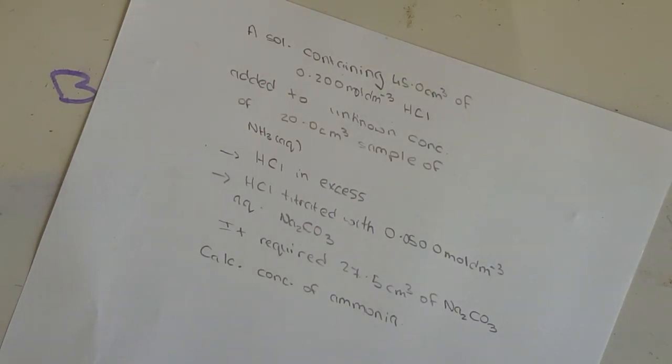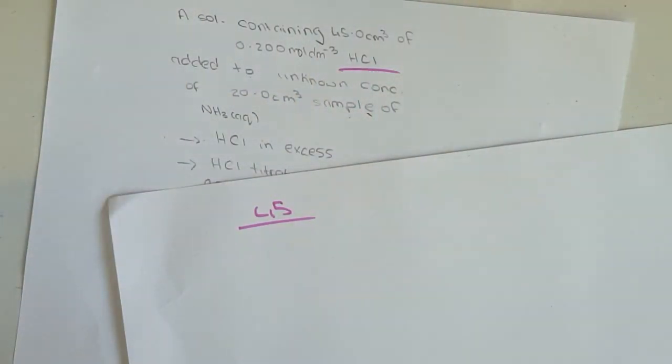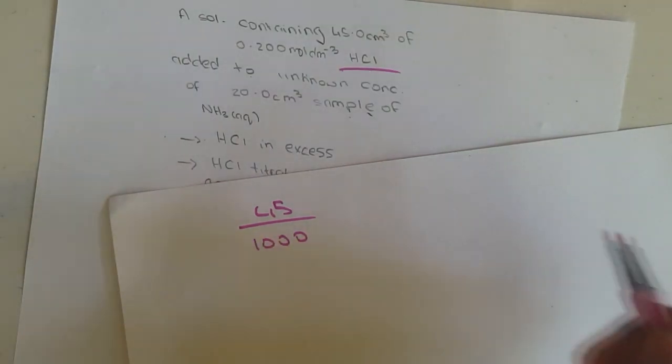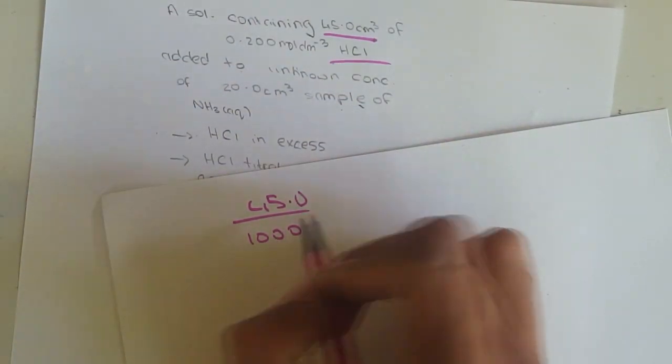So this example is relatively straightforward, and I'm going to show you how to do it and the steps required, based on what I showed earlier. You have the volume and the concentration of the hydrochloric acid, so first off, you can get the moles of hydrochloric acid. You just have to convert this into dm³.